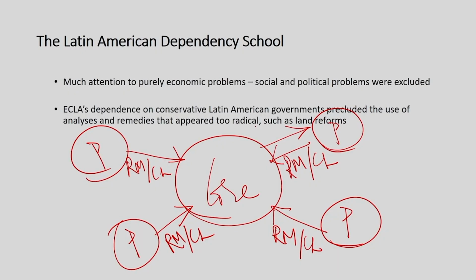In other words, the core or the metropolises receive raw materials and cheap labor force from the satellites or the periphery, and in turn provide industrial goods or finished goods to the satellites. And this is how the periphery or the less developed countries or the underdeveloped countries or the satellites or the southern hemisphere becomes perennially dependent on the metropolises or the core or the center or the northern hemisphere.